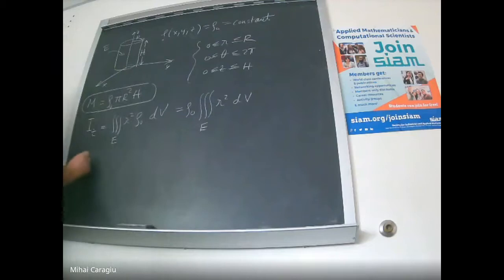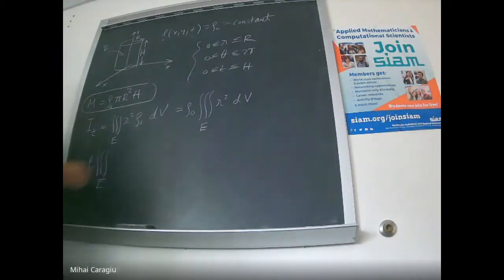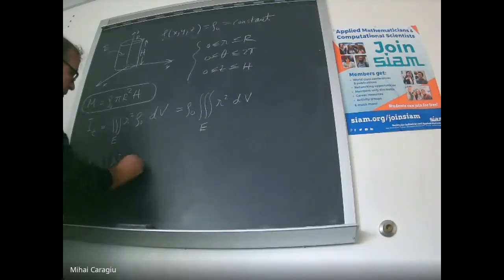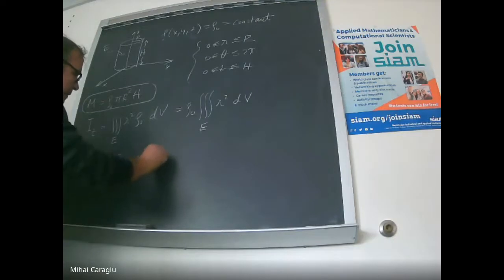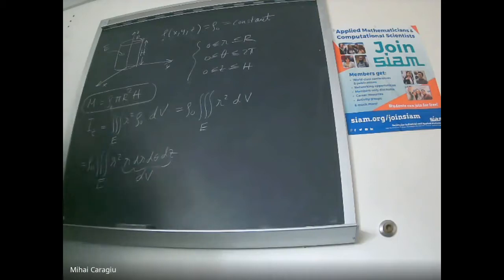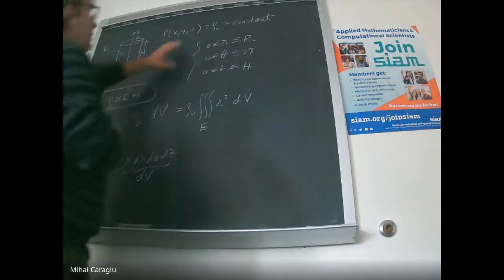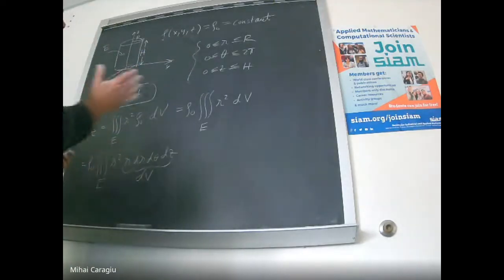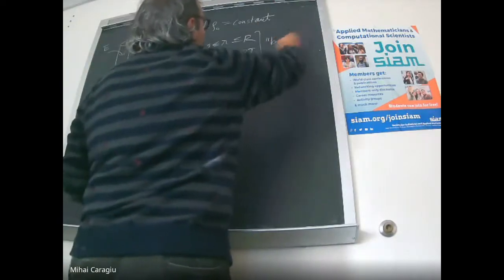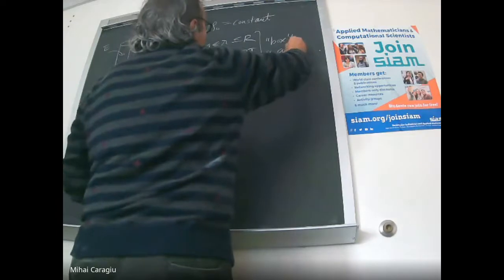And that will be rho 0 times the triple integral over E of r squared times r dr d theta dz, this being the volume element in cylindrical coordinates. But look at the description of the cylinder in cylindrical coordinates. It's a box. It's a box in cylindrical coordinates.